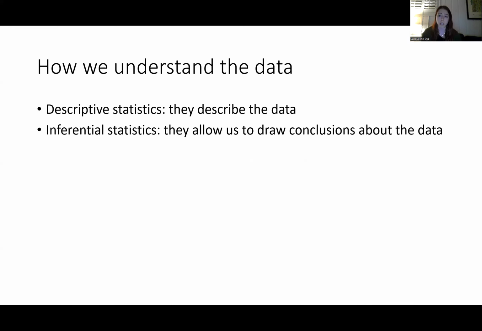We're going to spend a little bit less time on that because we have so many great resources, software, etc., that we don't need to do stats by hand. So just a couple things we want to make sure we know about that. But inferential statistics basically allow us to draw conclusions about the data. So that's where we actually find meaning in the data that we collected.